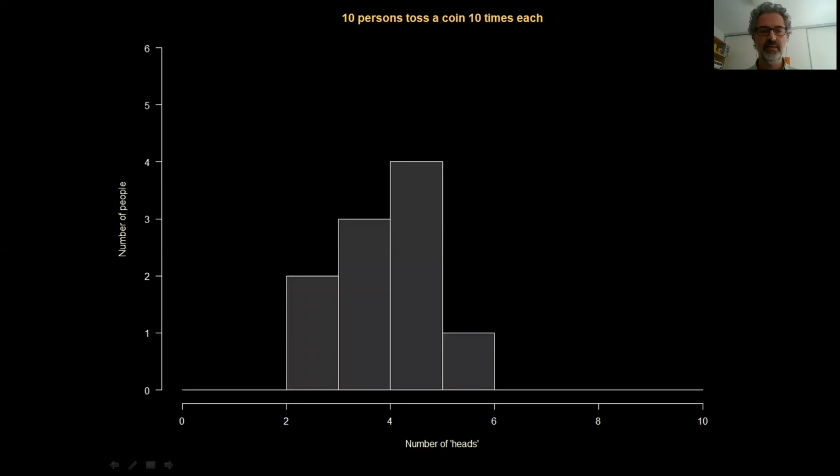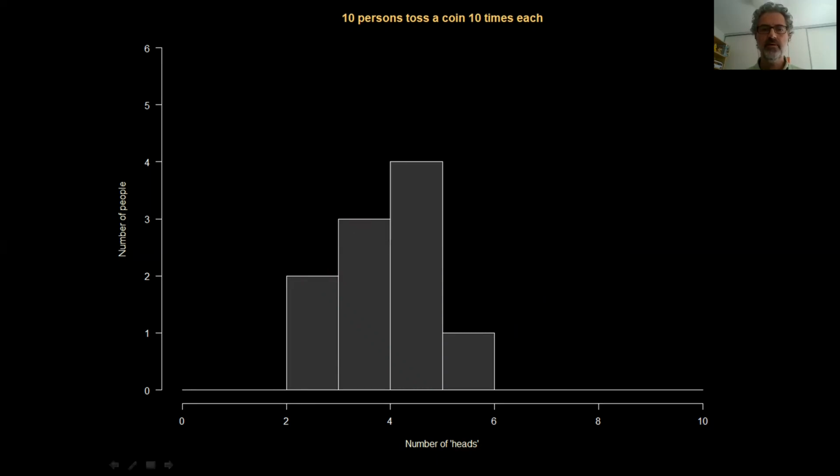And that is something that happened in my first actual simulation when I ran this through the computer and asked for this number of coin flips and then counted heads and tails in each sequence of 10, and then plotted them as this bar graph. And I got 2 of the 10 people having 3 heads and 3 people having 4 heads, and so on.